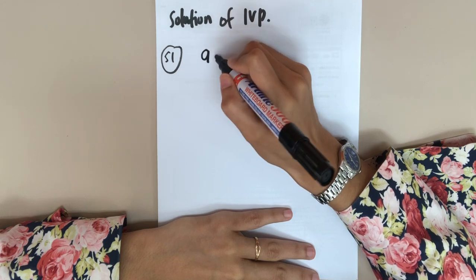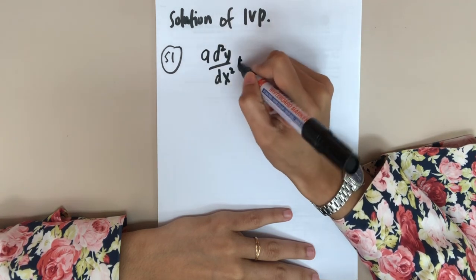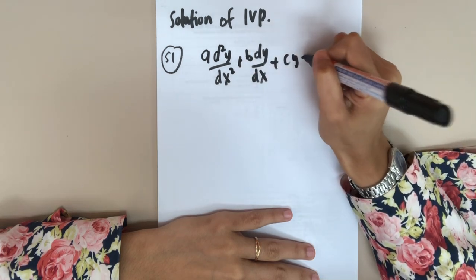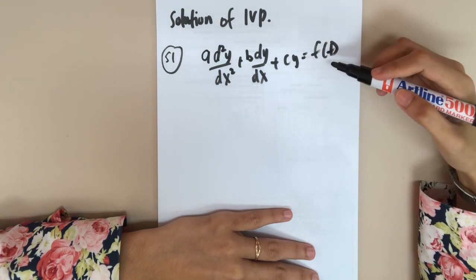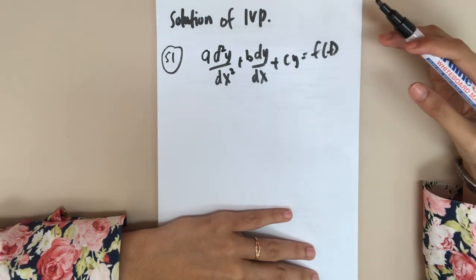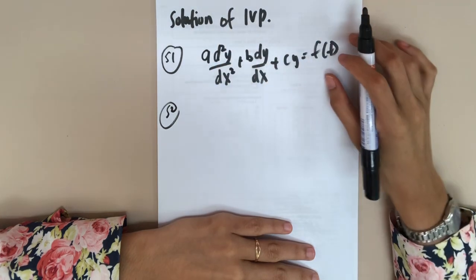For example, a d squared y over dx squared plus b dy over dx plus cy equals f(t). f(t) is equal to 0 if it's homogeneous, and f(t) is equal to another function if it's non-homogeneous.